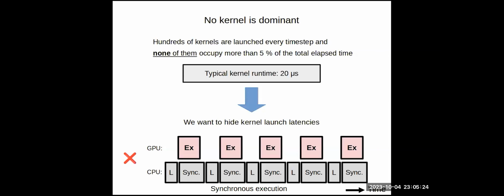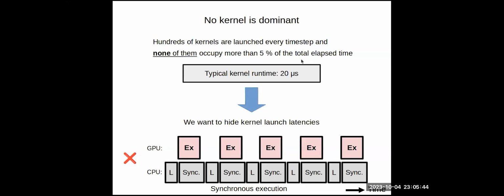Another aspect of the model is that all kernels are very light and short, so no kernel is dominant. We have hundreds of GPU kernels launched every time step in milliseconds, and none of them occupy more than 5% of the total execution time.